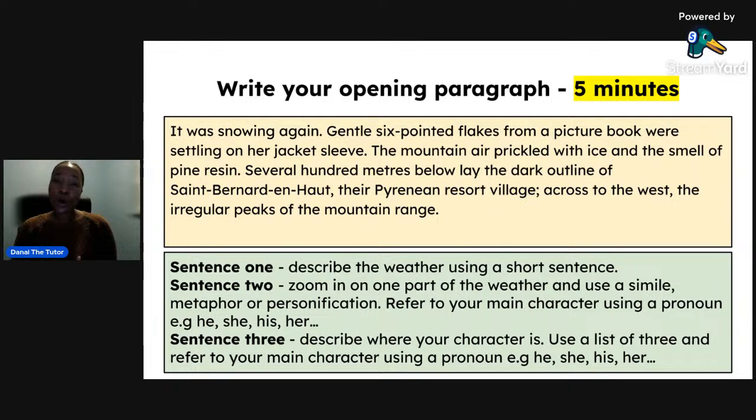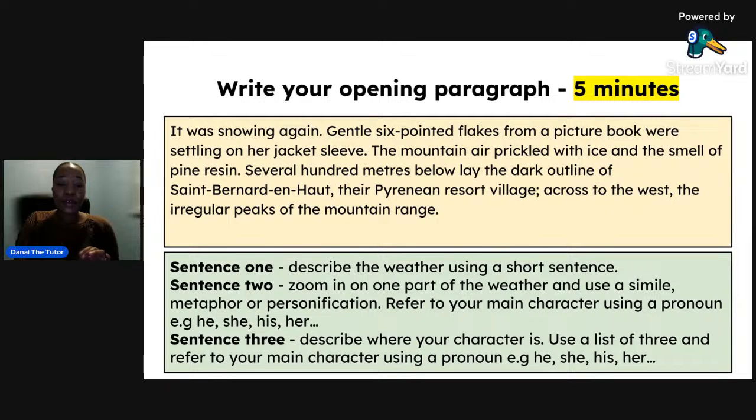Obviously, if you copy, it's plagiarism and you will get your paper struck off. So that's not what I'm talking about. I'm talking about looking at how the writer structures and organizes their work and aiming to use that in your own writing. If you want to share any of that, feel free to type in the comments. But I hope that's been helpful.